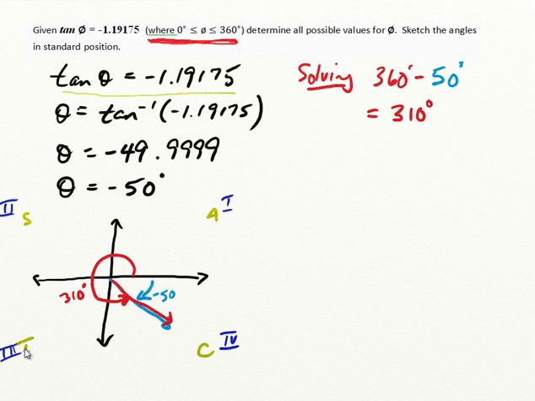It's not quadrant 3 because the tangent is positive there. So it must be in quadrant 2 because only the sine ratio is positive in quadrant 2. So if I draw a terminal arm here in quadrant 2, this angle here would have to match this related acute angle, because that was the angle made with the x-axis. So there's a 50-degree angle measure here as this related acute angle.